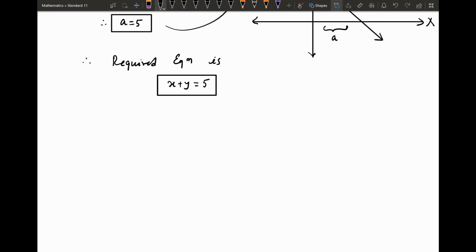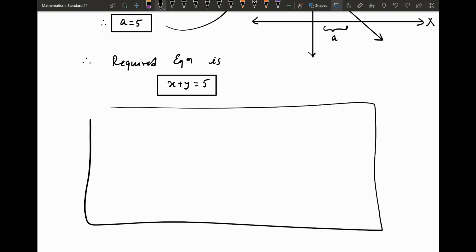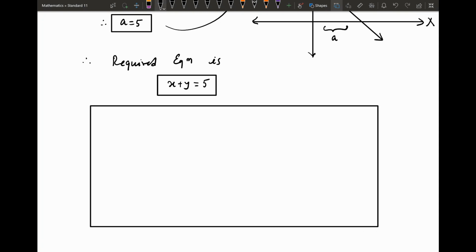Now this is further information, only for your information. It is possible that the line passes through the origin. This is the line passing through the point (2, 3), and you can check it also passes through the origin, so x intercept is 0 and y intercept is 0, so both are equal.